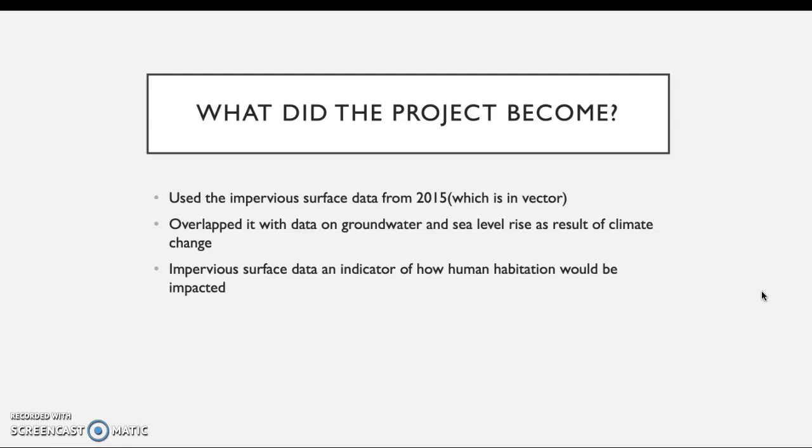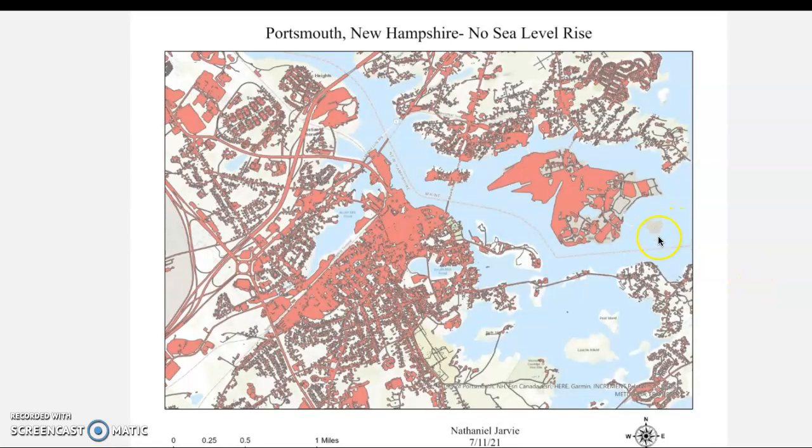I download it for free. I decided to overlap it with data on groundwater rise and sea level rise as a result of our changing climate. And so the impervious surface data just served as an indicator of where human habitation is and how it'd be impacted.